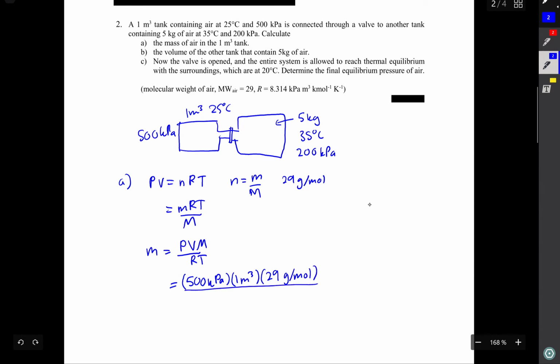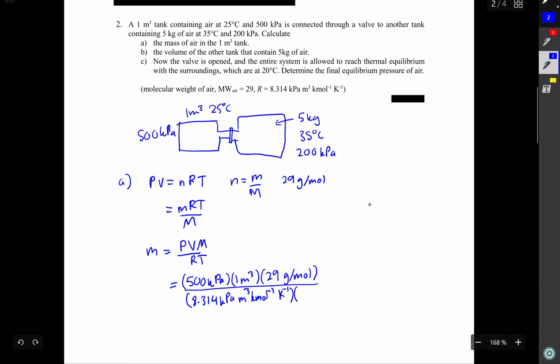Another thing is 8.314 for the ideal gas constant. The unit is kilopascal meter cube per kilomole per Kelvin. It's quite long, but again, it's good practice to have it all written down, so that it helps you avoid unnecessary mistakes.